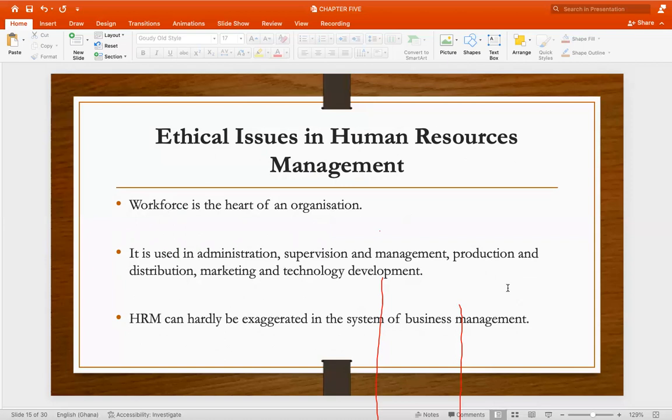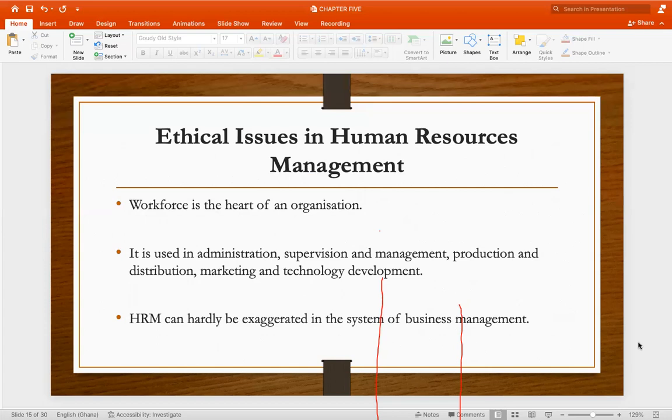Therefore, it is used in administration, supervision, management, production, distribution, marketing, and technology development. So that workforce is very important. So the importance of human resource management can hardly be exaggerated in the system of business management.